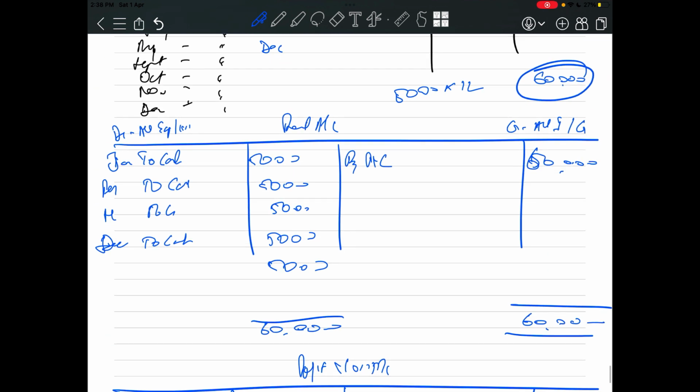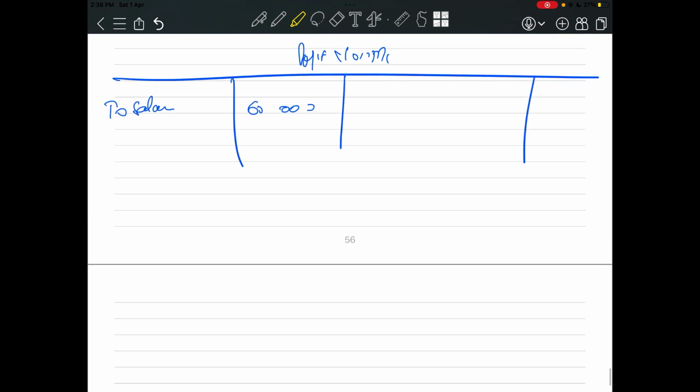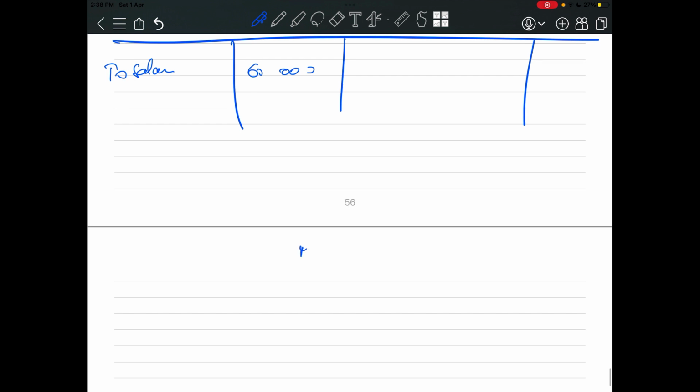So this is the reason why we call it a nominal account, because at the year end this account will be closed by transferring to the P&L account. Simple.